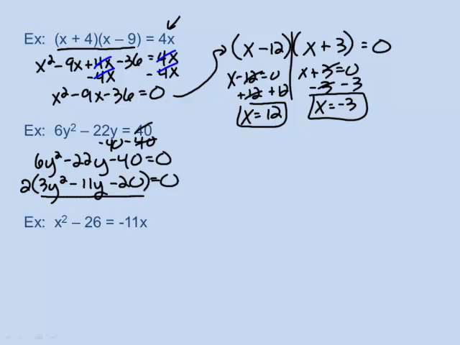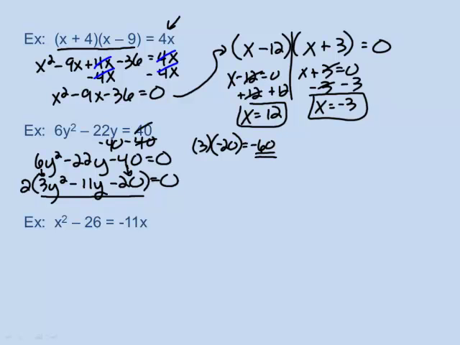Now that trinomial is going to factor further, but it is one of the more difficult trinomials, so we're going to use that step-by-step grouping method where we multiply our first term and our last term together. So that gives us a positive 3 times a negative 20, which gives us negative 60.